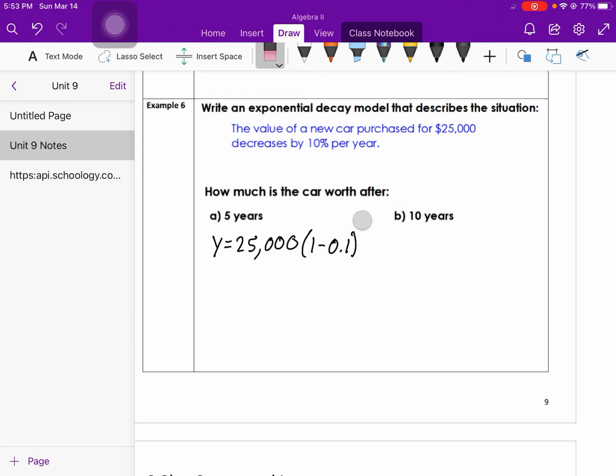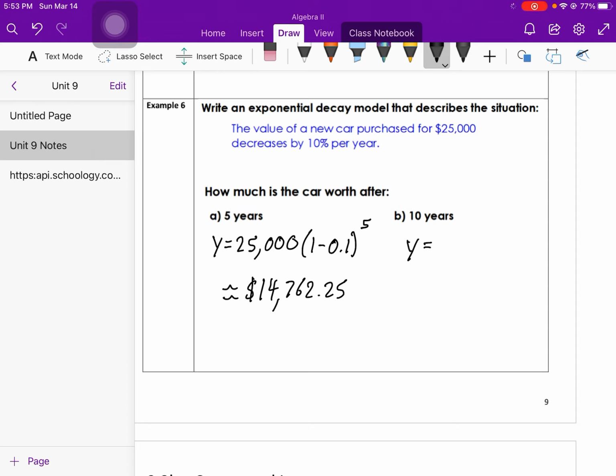And then the number of years is 5. So this is going to be approximately $14,762.25 if you type that into your calculator.